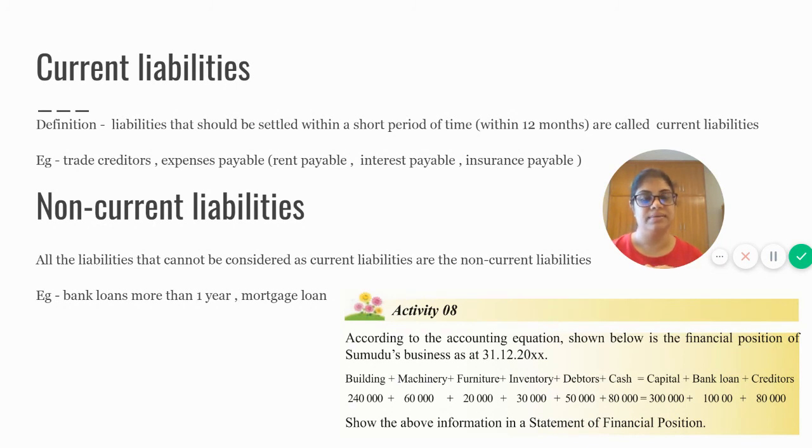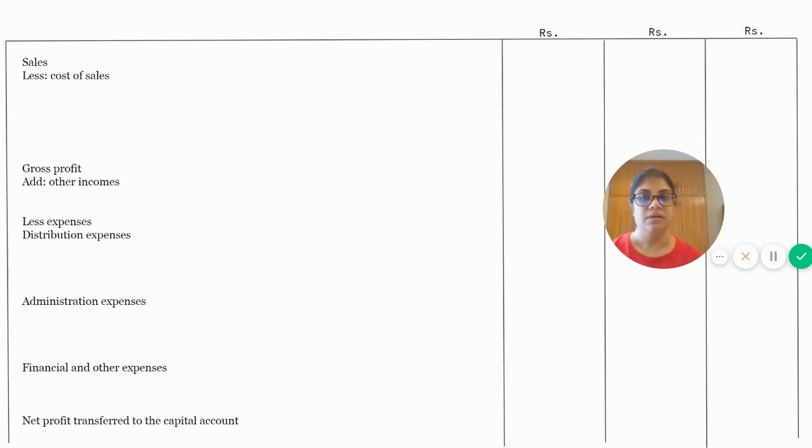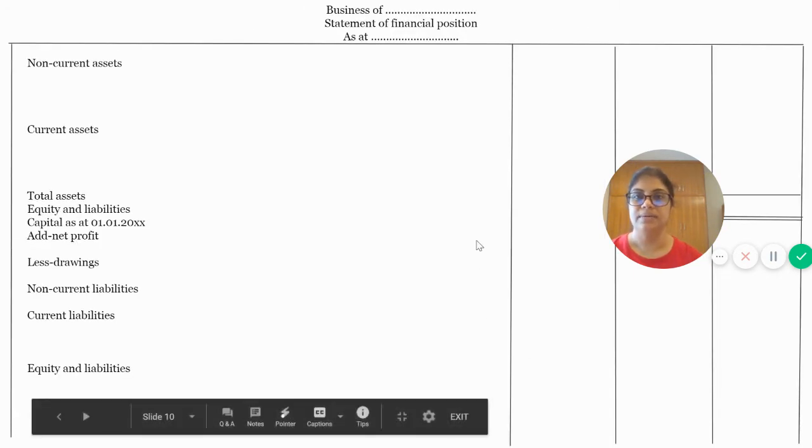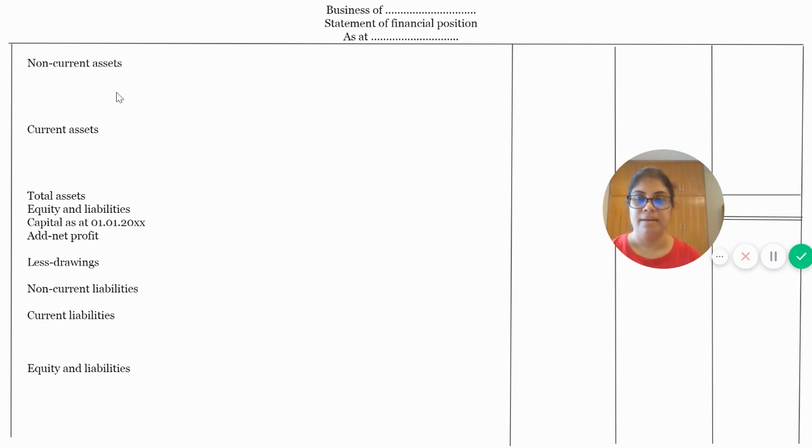This is the format. First comes the non-current assets. You can list out the non-current assets there. Remember, when you are listing out, start with the immovable assets like land and building first, and then the movable assets.